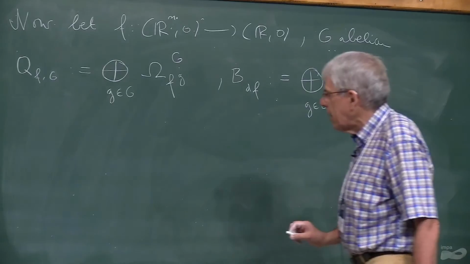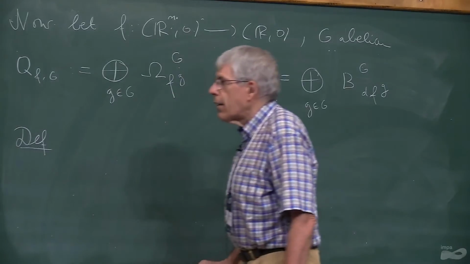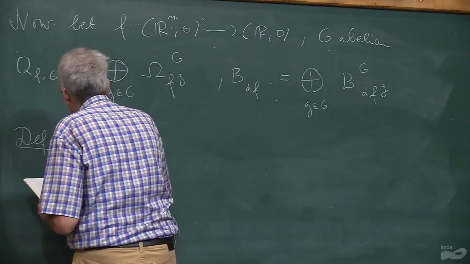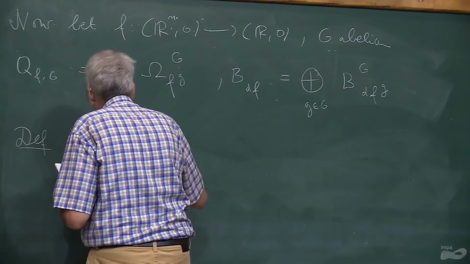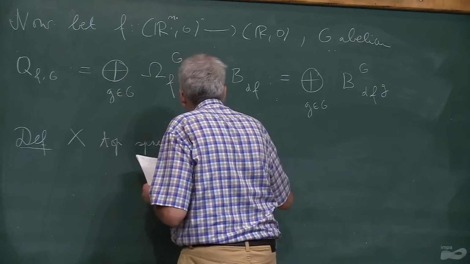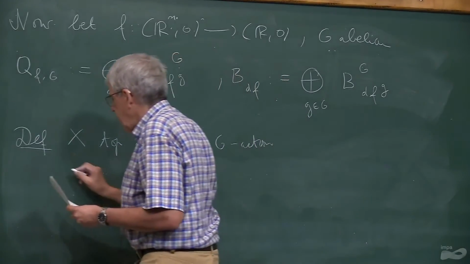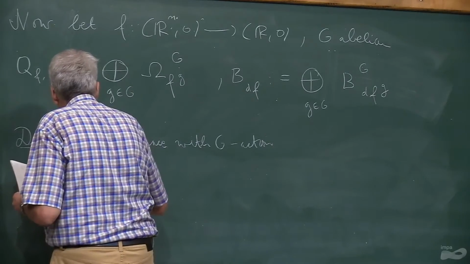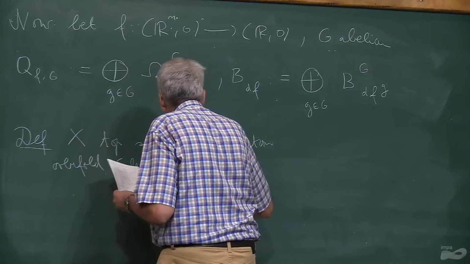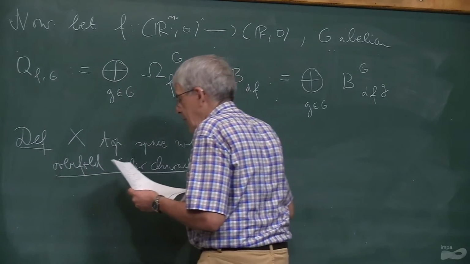So I have to define what the orbifold Euler characteristic is. This is also a definition initiated by physicists. So we consider a good topological space X with a G action, and then the orbifold Euler characteristic is defined as follows.